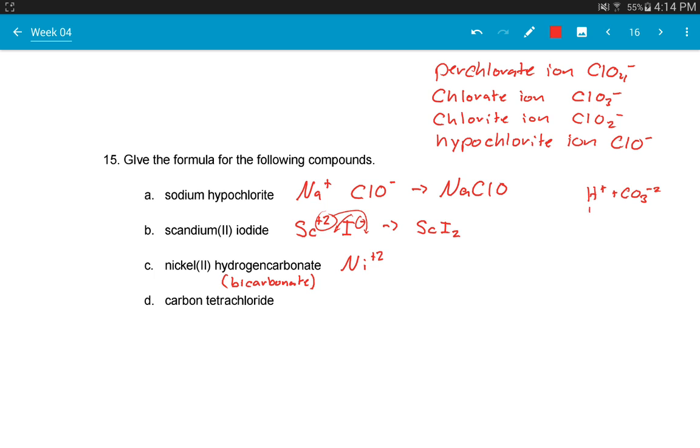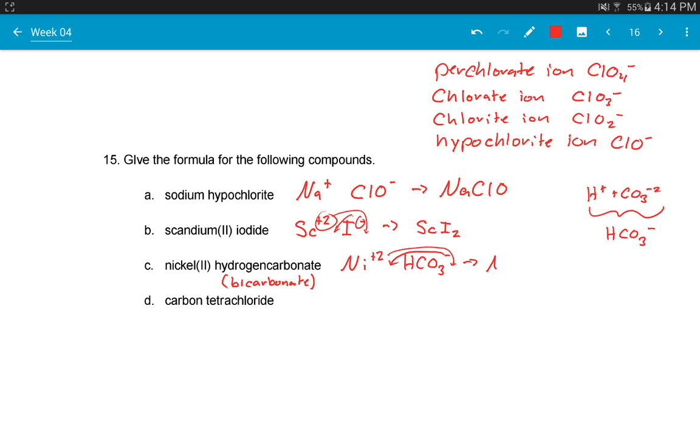If we place these together, one of the positives and one of the negatives will cancel, leaving us with just HCO3 with a -1.